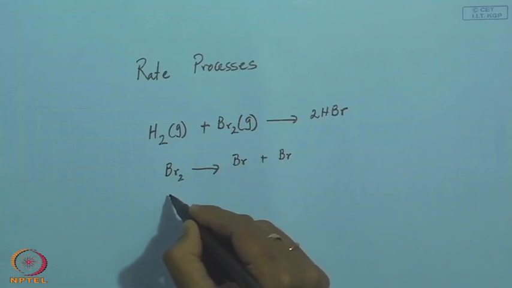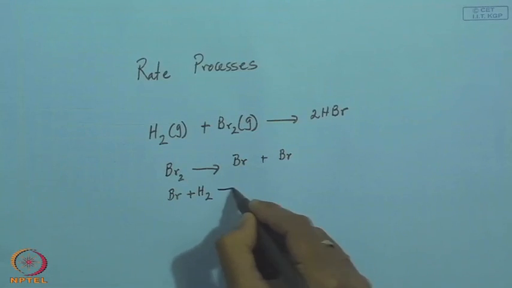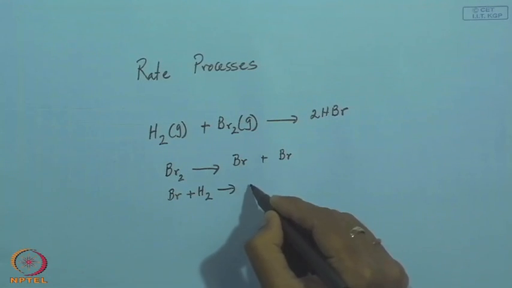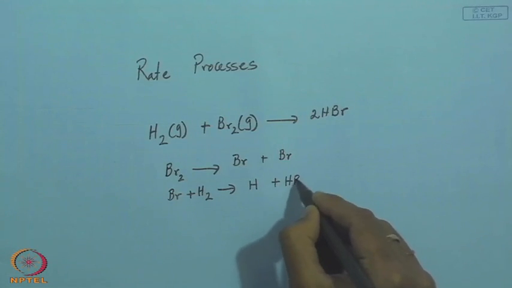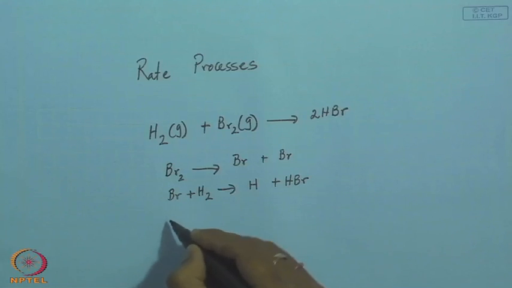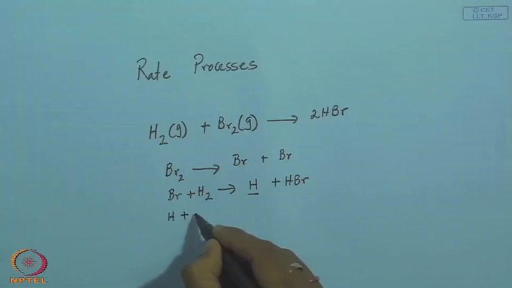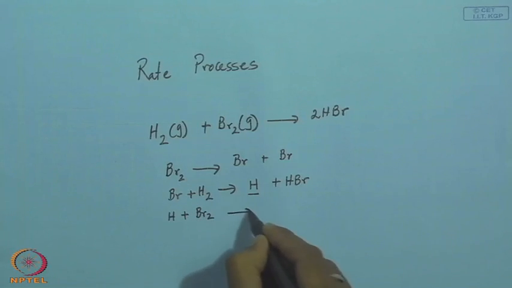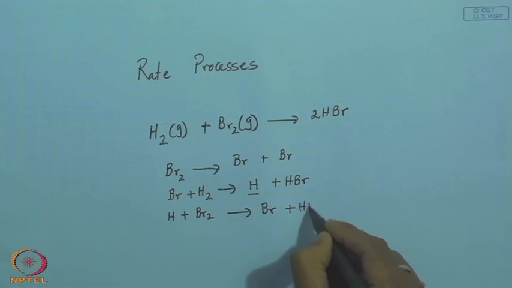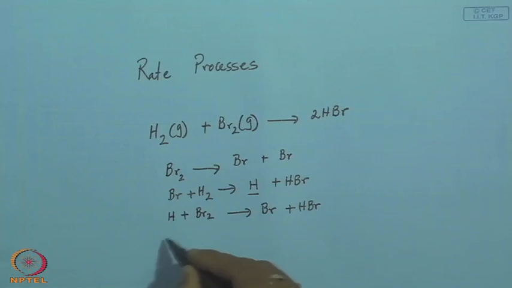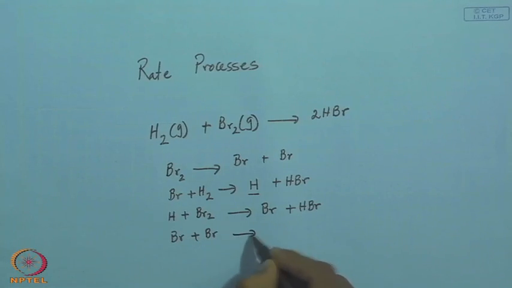Then one of these bromine atoms will react with dihydrogen, H2, to produce one hydrogen atom and an HBr. Then this hydrogen will again react with Br2 to produce Br and another hydrogen bromide, and then this Br will react with Br to produce Br2.